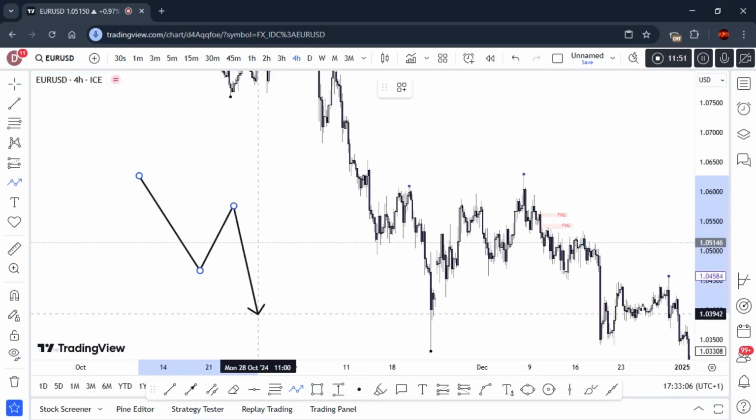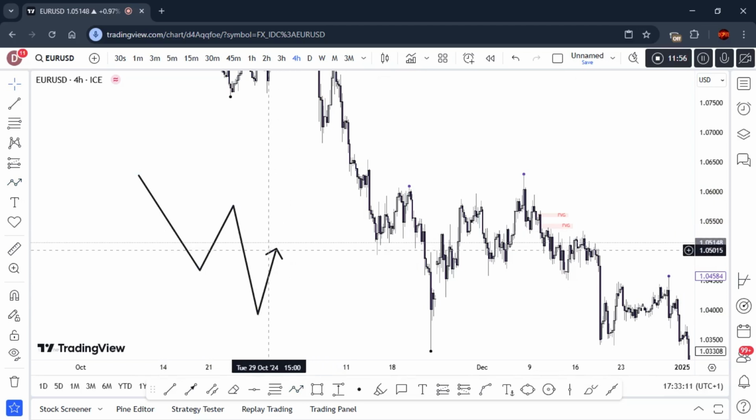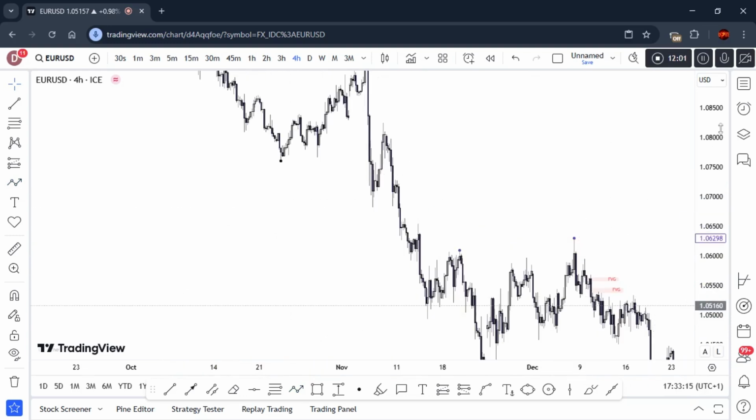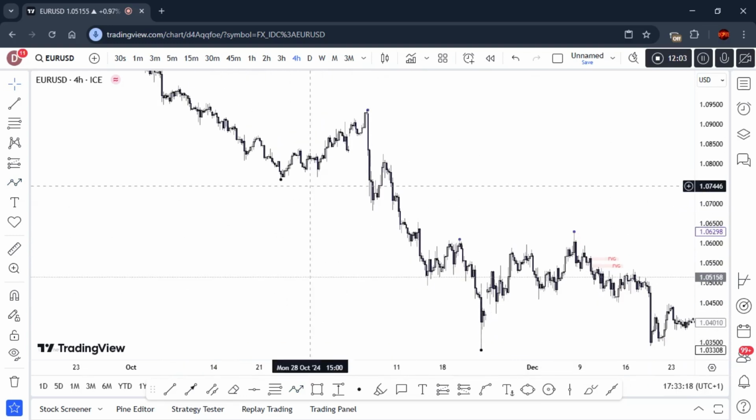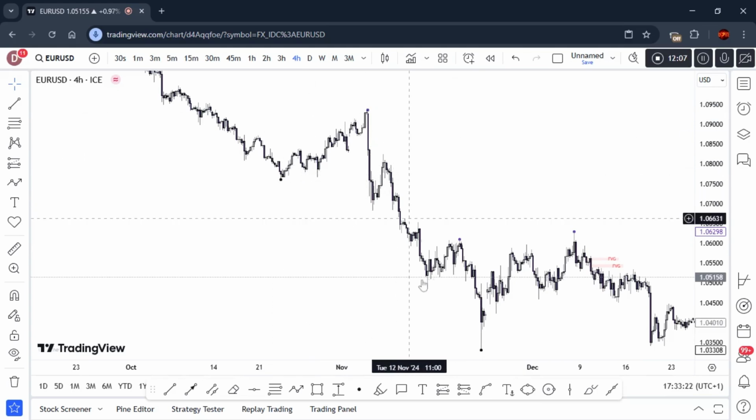Is it not? That's the pattern that forms a downtrend. And if you look right here, it's very obvious that we're in a downtrend because we're having a series of lower lows and lower highs, right?